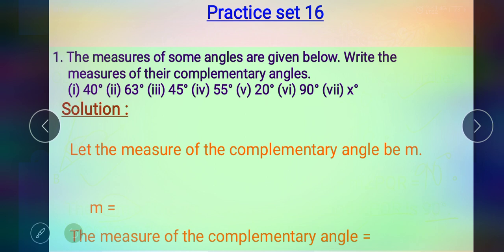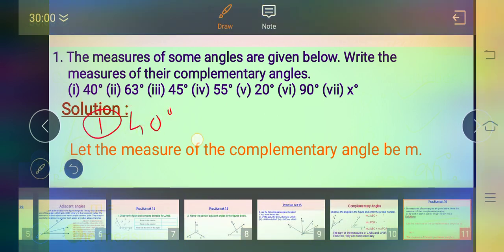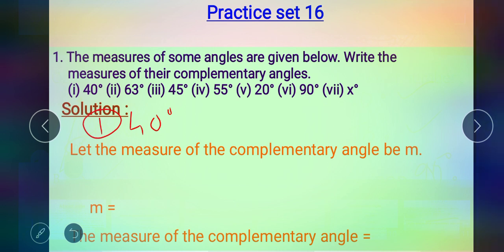Students, when you see the first question, the measures of some angles are given below, write the measure of their complementary angles. So let us find the complementary angle. Here 40 degrees is given. Let us assume the complementary angle be m degrees.